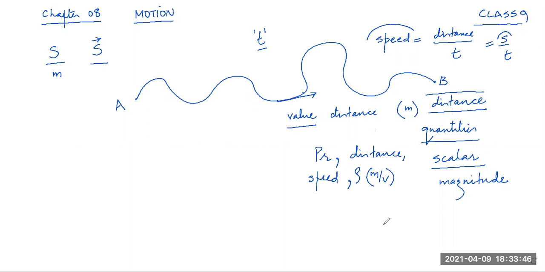But now our discussion comes to direction. Let's say a person has gone from point A to B along this direction. He was at initial point A, he was at final point B, let's say in time t.